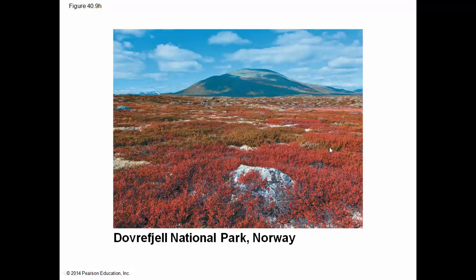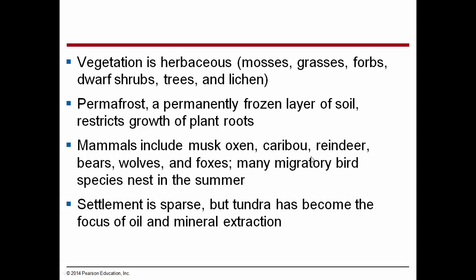So there's not a lot of deep soil in a tundra, and there are a lot of low-growing shrubs. A lot of mosses and lichens will grow on these rocks, and these low-growing shrubs will grow in this area. Vegetation is herbaceous, consisting of mosses, grasses, forbs, dwarf shrubs, and lichens.